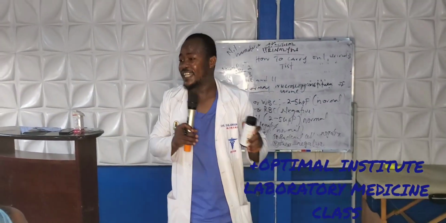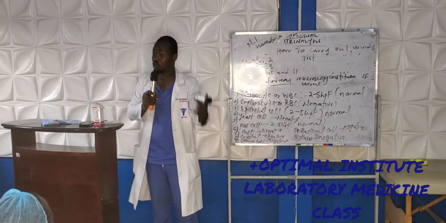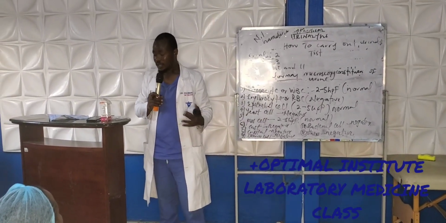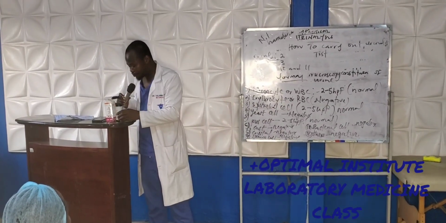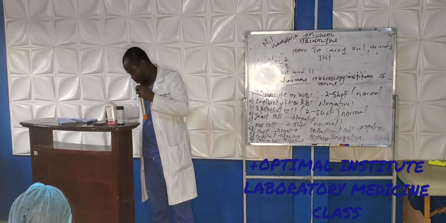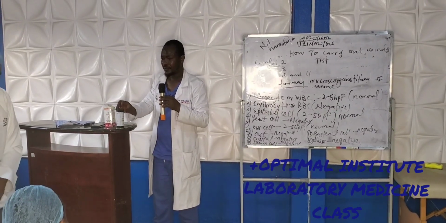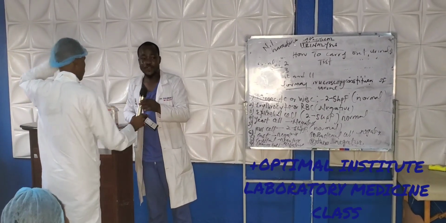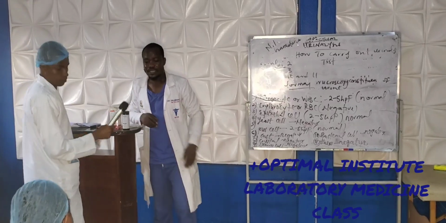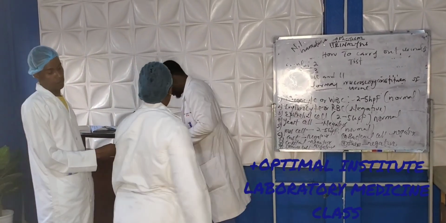Now, how to estimate using Combi 10? In the next slide, we are going to use microscopy. Now, very simple. Somebody should come and help me. This strip has about 10 colors. Look at all these, they have colors. Each color represents each test here.